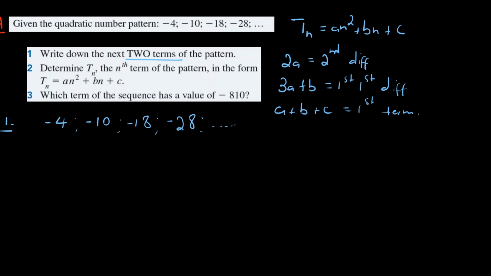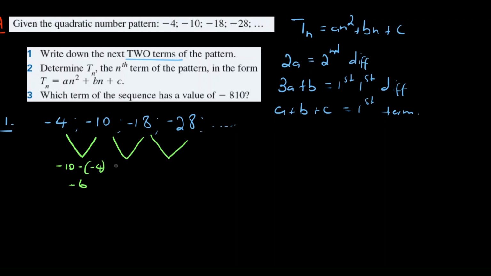We have to construct something called the tree line of differences, where we just subtract the first term from the second term, the second term from the third term, and the third term from the fourth term. So this will be -10 minus -4, which is nothing more than -10 plus 4, which is -6.